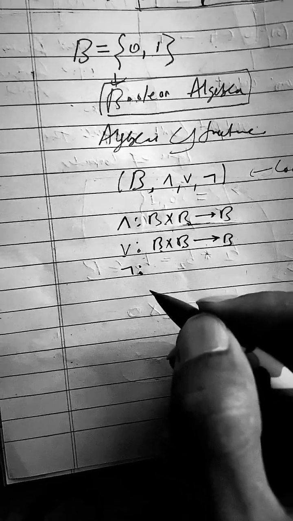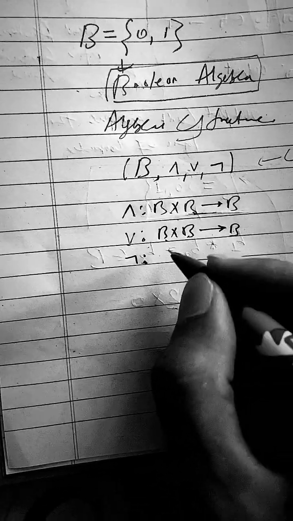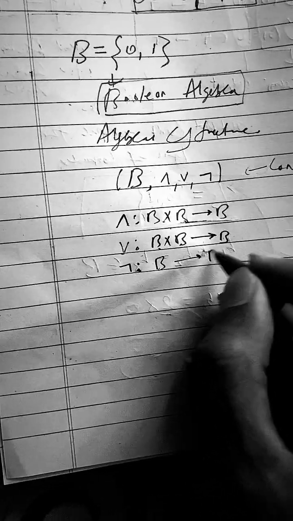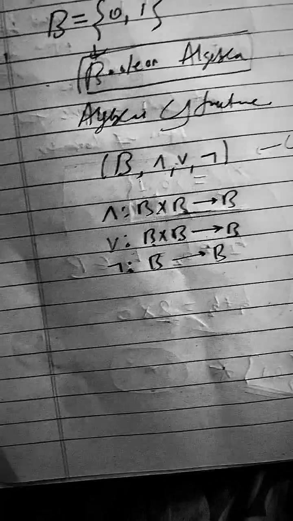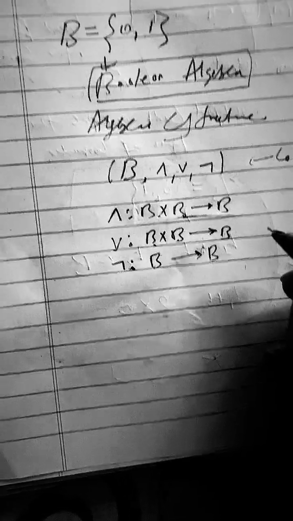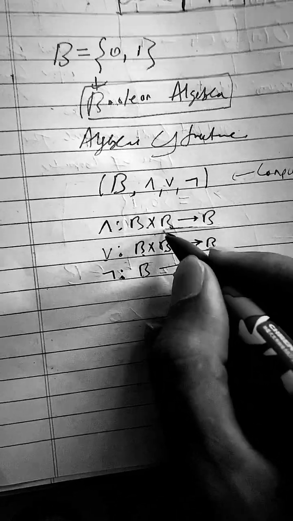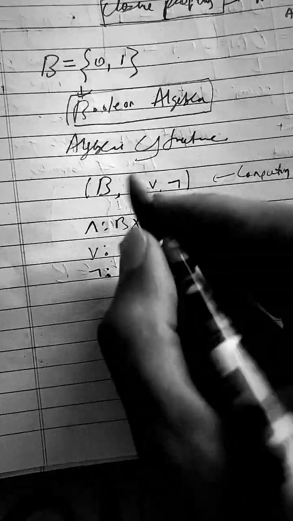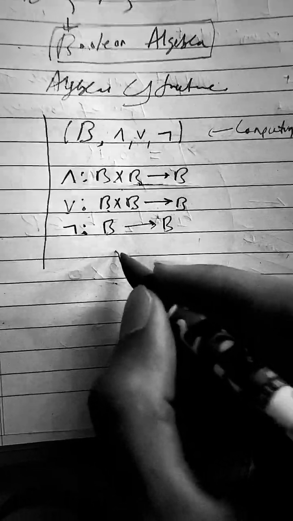This is a different kind of algebraic structure. NOT takes one element of B and produces another element in B. It is a unary operation, while AND takes two elements and produces another element.